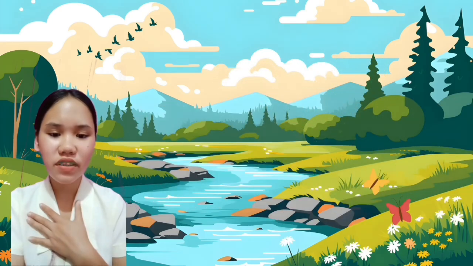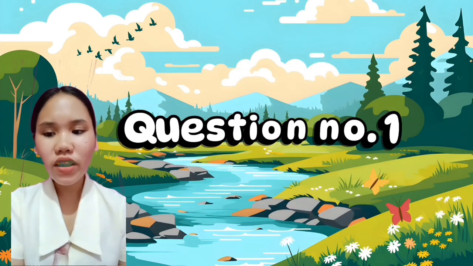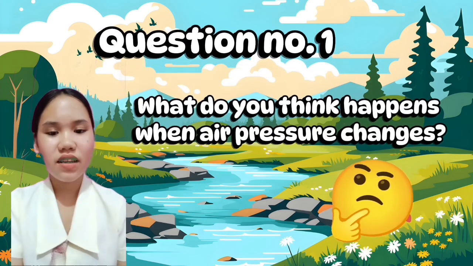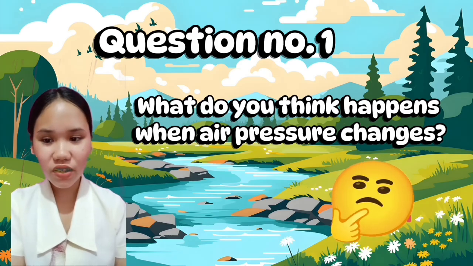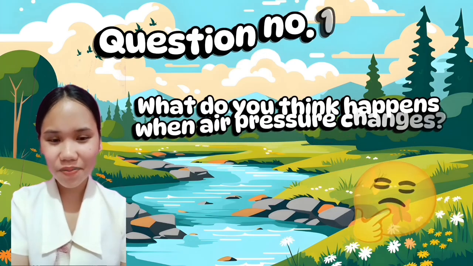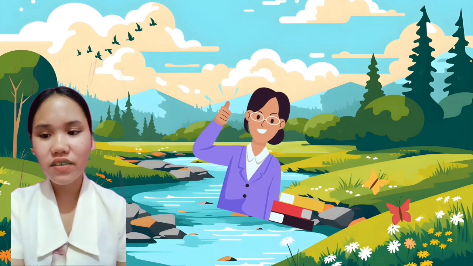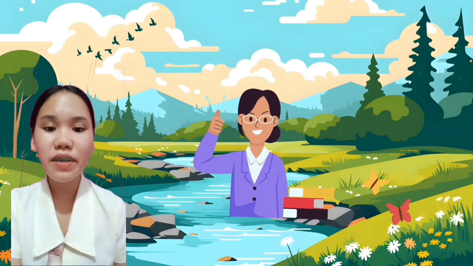So for you to understand, I want to ask you, if you really listened to me, what do you think happens when the air pressure changes? Again, what do you think happens when the air pressure changes? Very good. Some of you answered that there will be changes in weather, like it might rain or become windy.